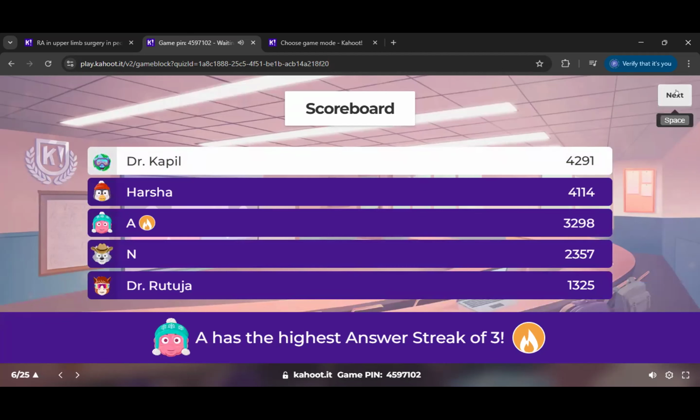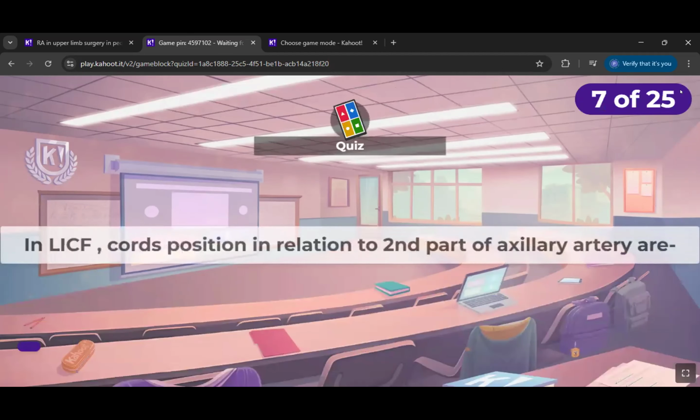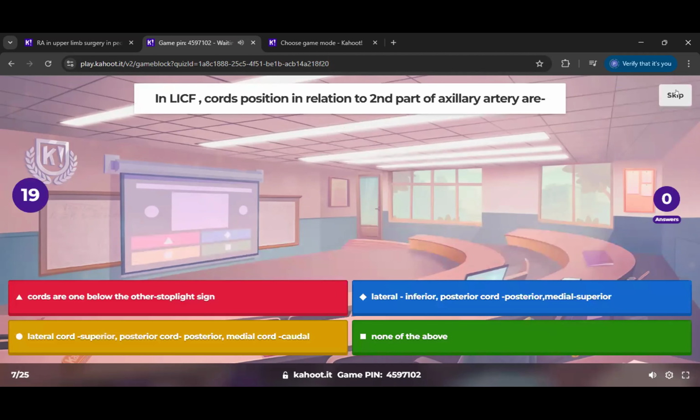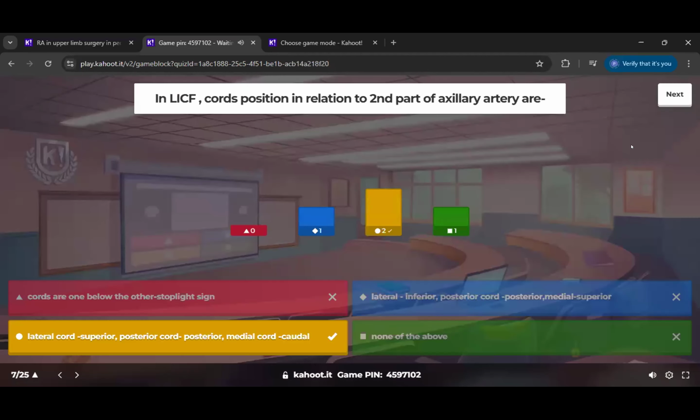Again, Dr. Kapil is leading. A bit difficult one.